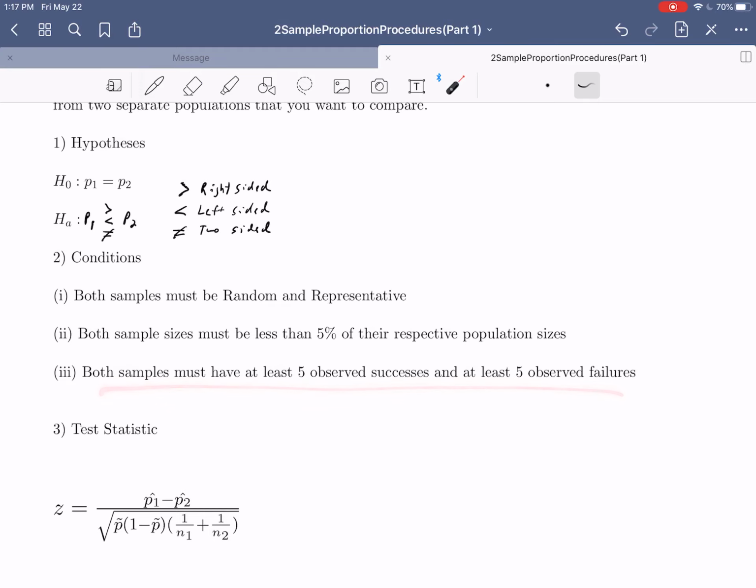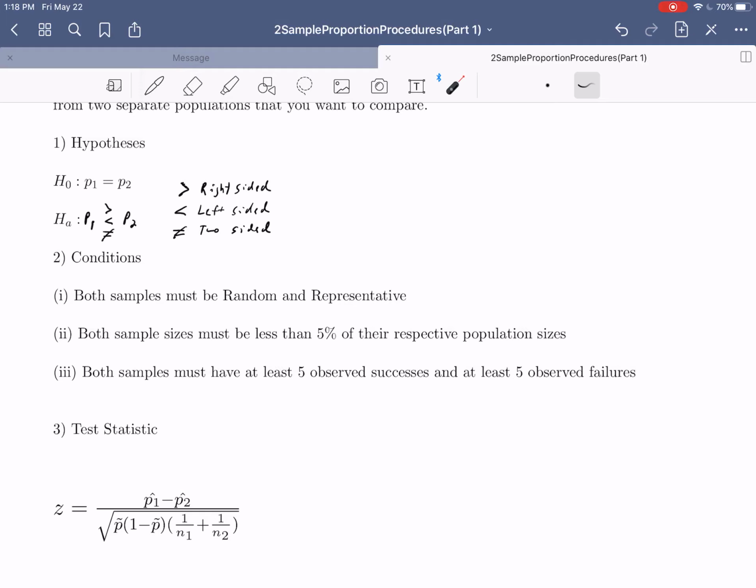For the third condition, for the one-sample proportion procedures, we have that np0 and n(1 minus p0) must be greater than or equal to 10. That doesn't really work in this situation because there is no null hypothesis value. The null hypothesis in this situation is just that the two percentages are equal. It doesn't say that they're equal to a particular value.